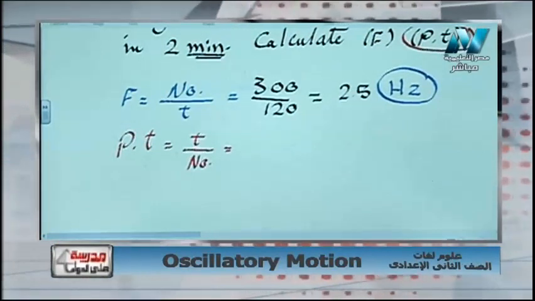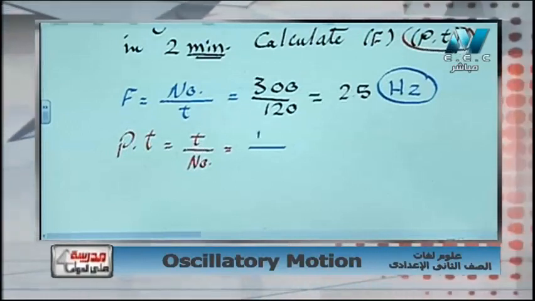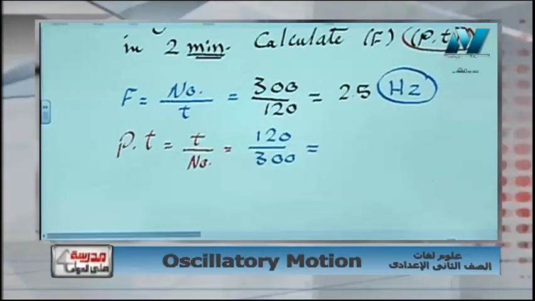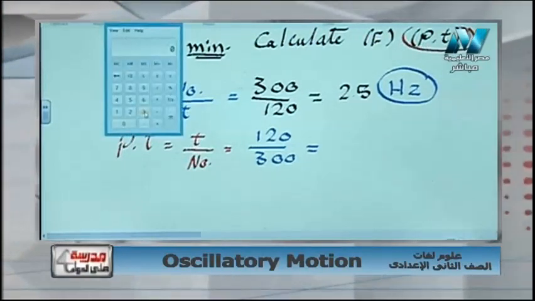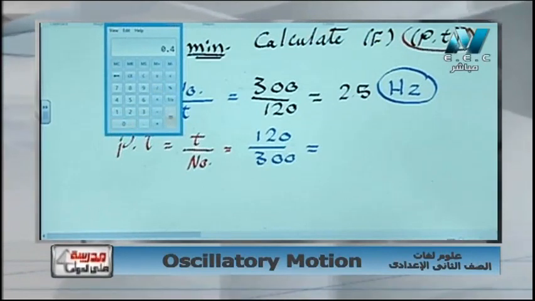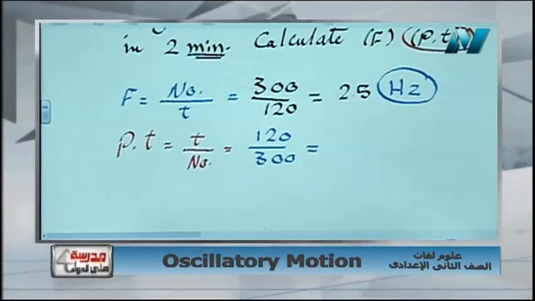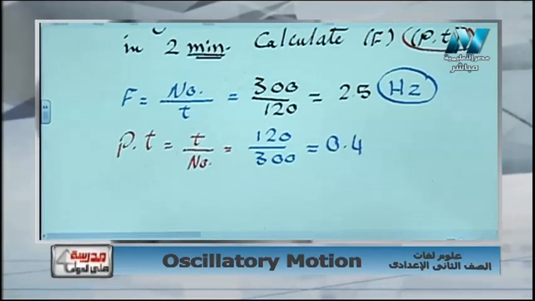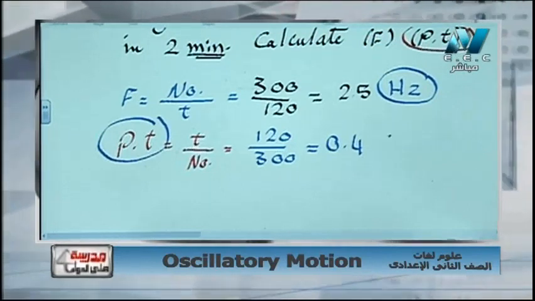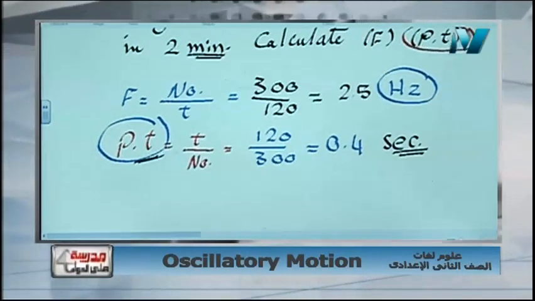So 120, the time on top, over 300, equals what by using the calculator? 120 over 300 equals 0.4. 0.4 what? Second, because the measuring unit of periodic time is second.